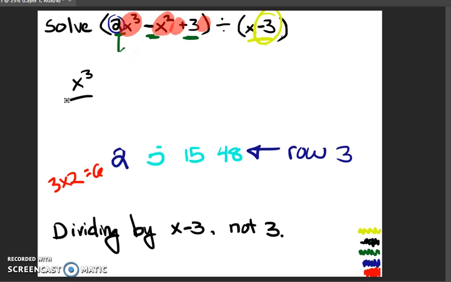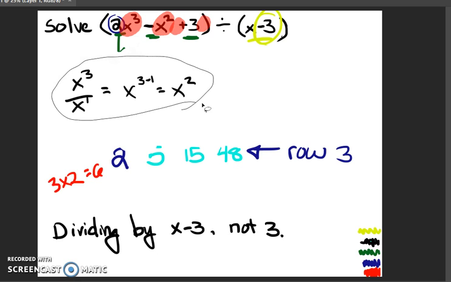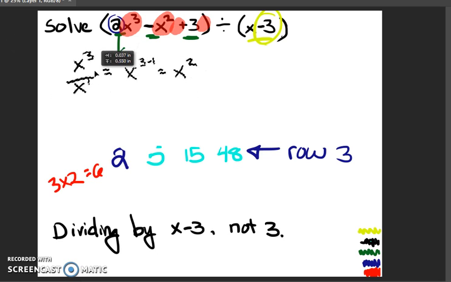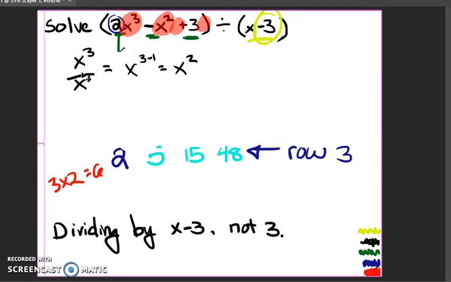You're taking x cubed divided by x. X is x to the 1 to make it really easy, which equals x to the 3 minus 1 equals x squared. Now you could do that process for every single x, but it's easy just to remember you take 1 away from the x you were dealing with.